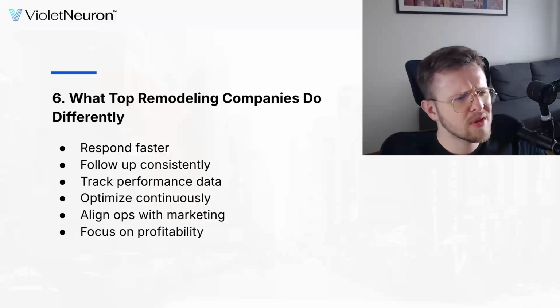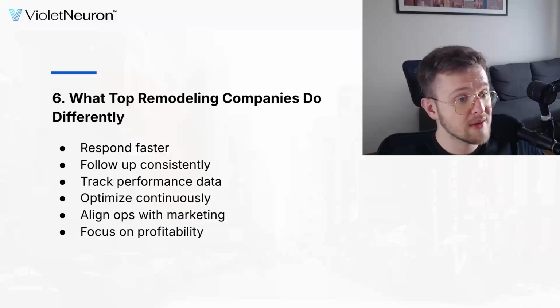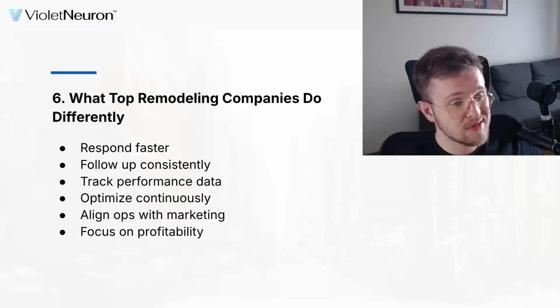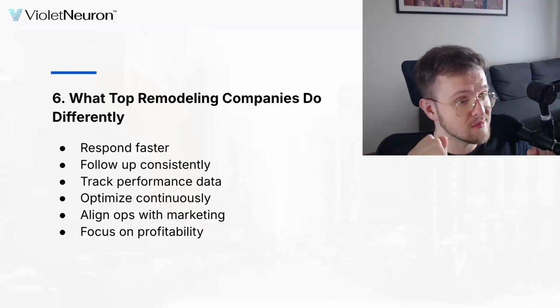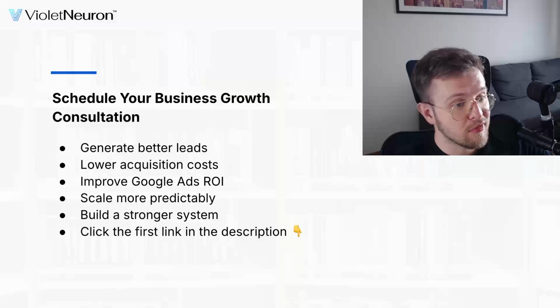At Violet Neuron, we generate hundreds of qualified leads for remodeling companies every single day, which gives us direct visibility into what strategies actually work in highly competitive local markets. We've successfully worked with over 80 remodeling companies nationwide, and the fastest growing companies consistently combine two things: strong marketing systems with strong operational systems. And that combination is what creates sustainable growth.